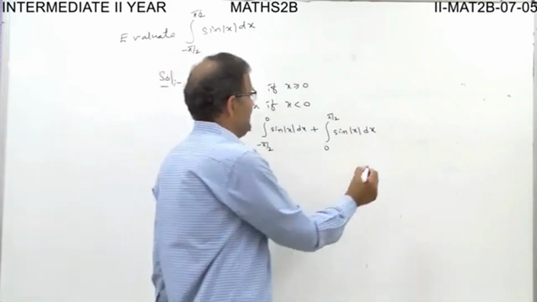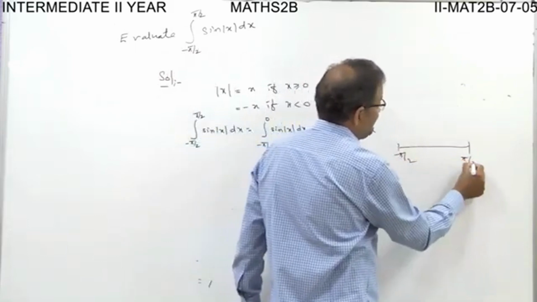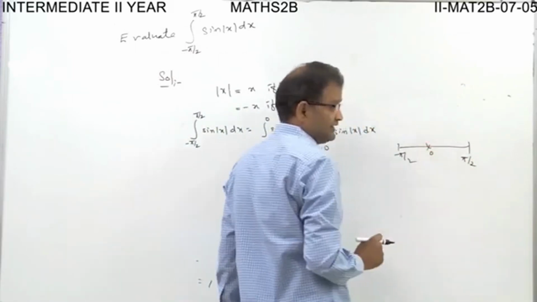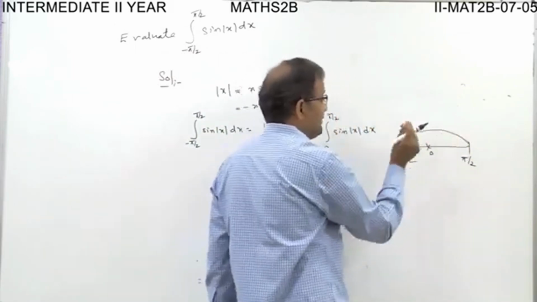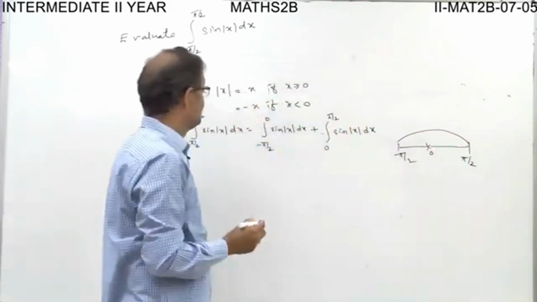Between -π/2 to π/2 there is a 0, so we can write -π/2 to 0 and 0 to π/2.